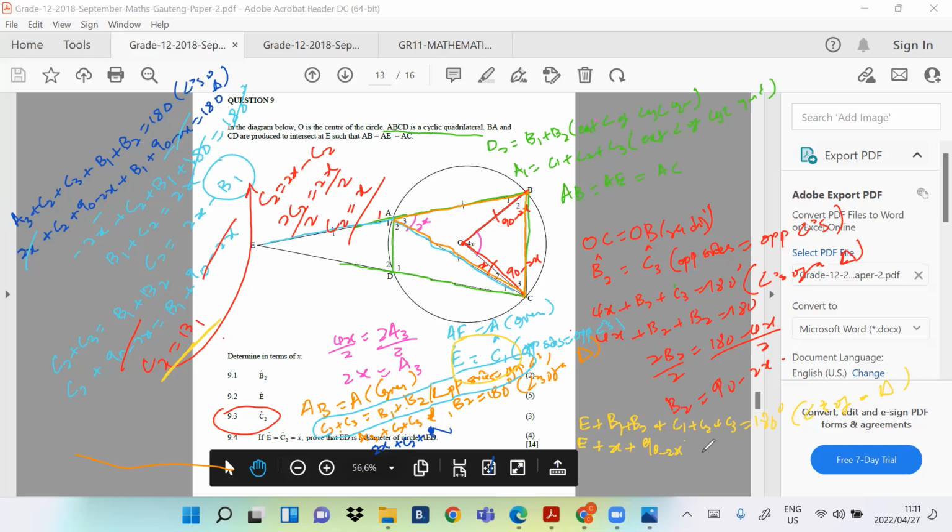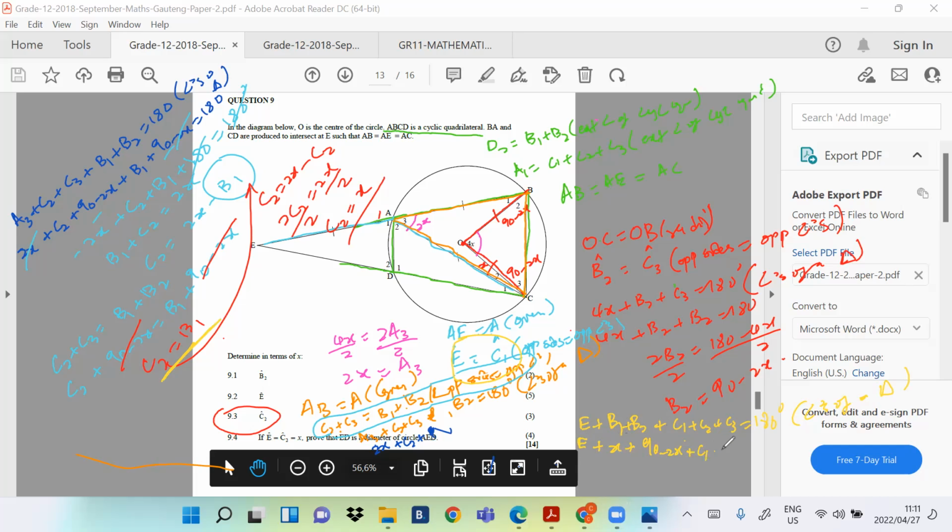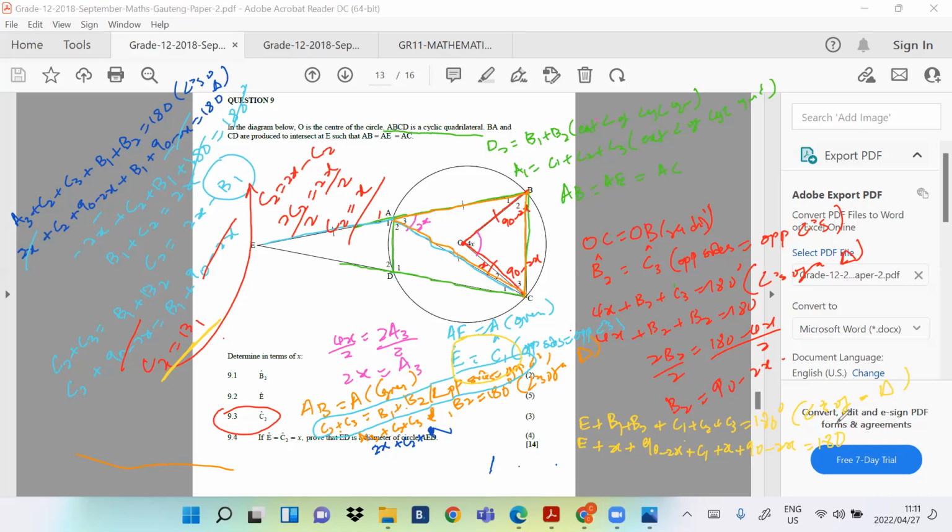C1? We don't know. So plus C1. C2 is x. C3 is 90 minus 2x. Okay, let's see what will cancel out.